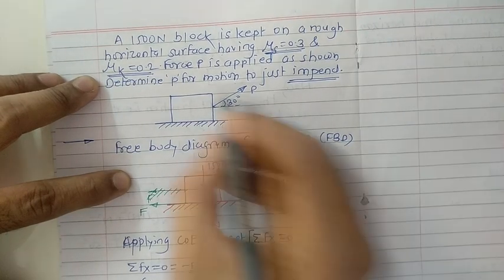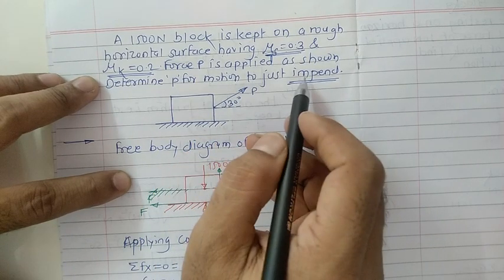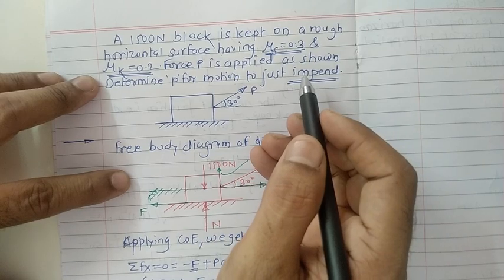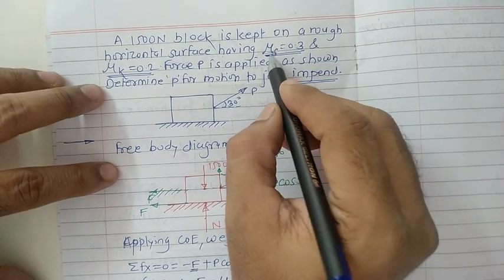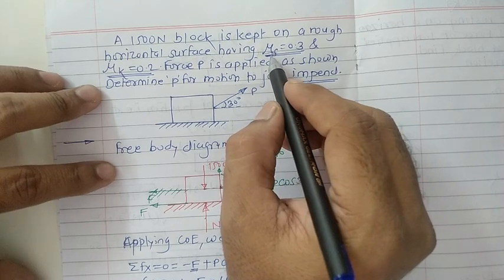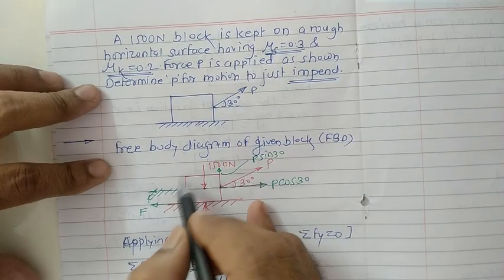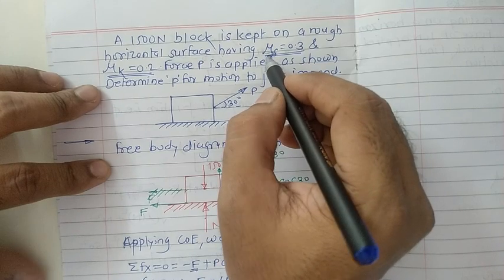Now here just see, determine the P for motion to just impend, means when motion just starts. During this, the highest value corresponding to the limiting frictional force is required, or maximum force is required to bring this block into motion. Means we have to consider mu s instead of mu k.